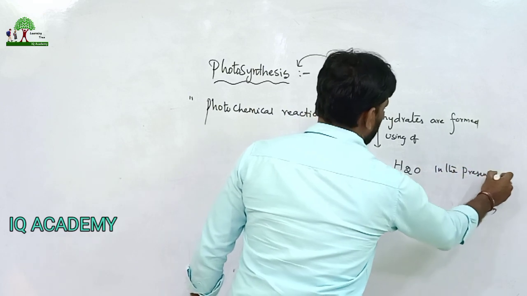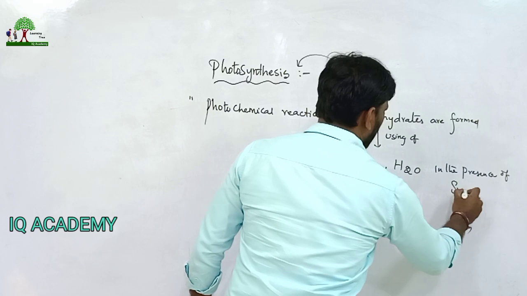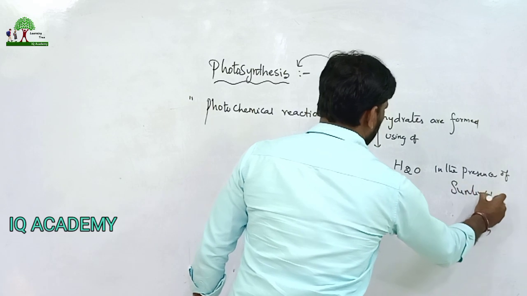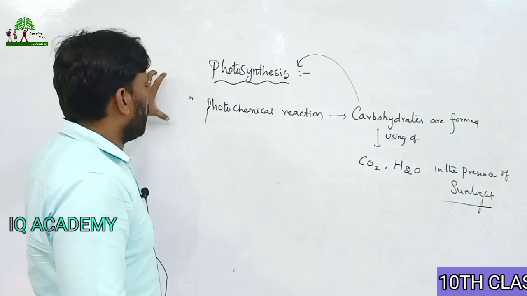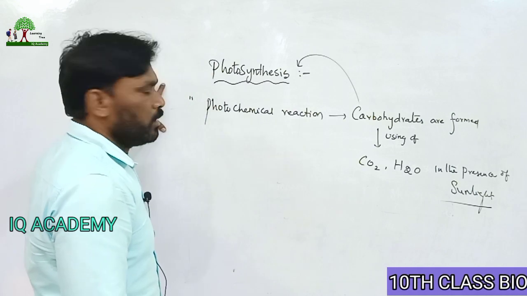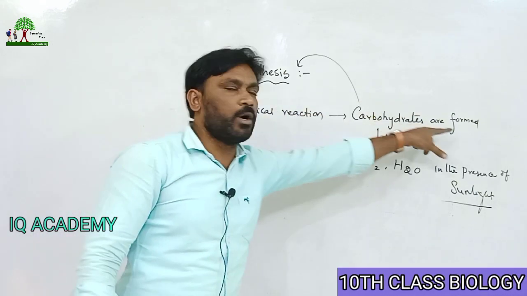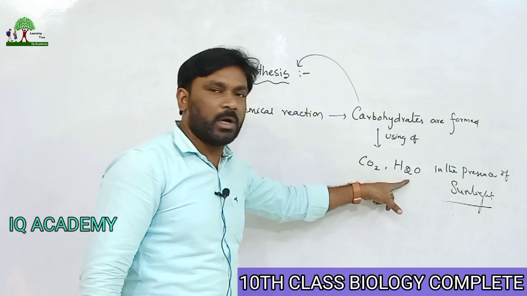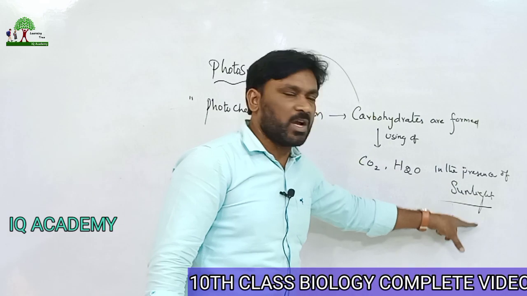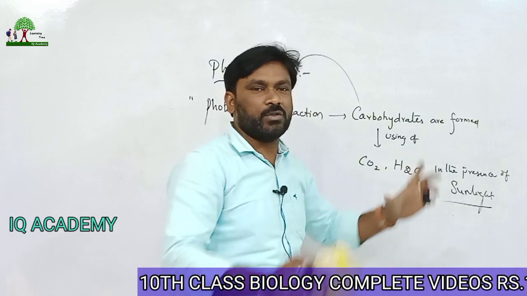So this is the definition of photosynthesis. It is a photochemical reaction where the carbohydrates are formed by using carbon dioxide and water in the presence of sunlight. It is called photosynthesis.